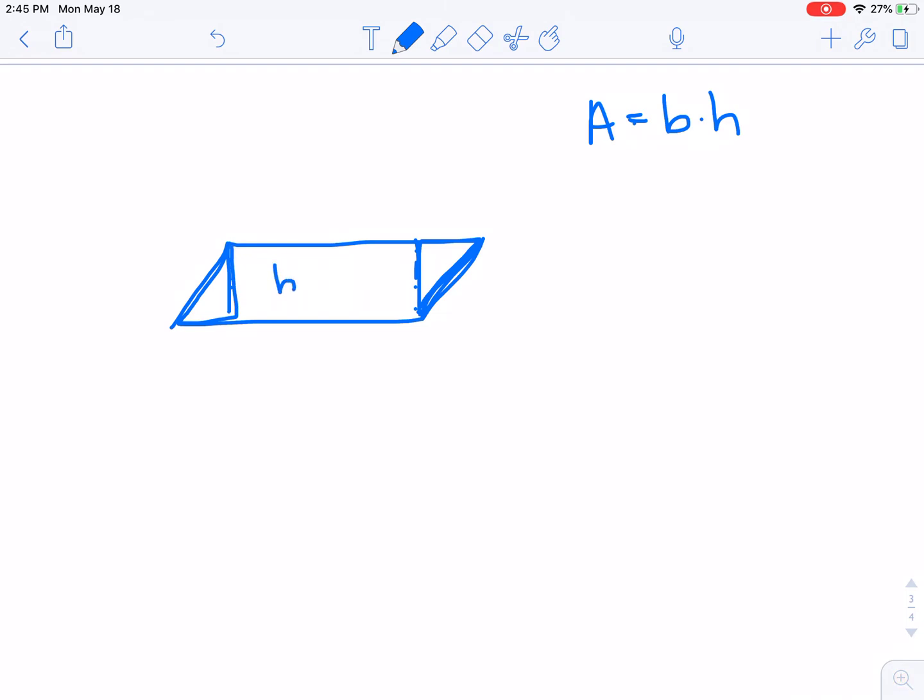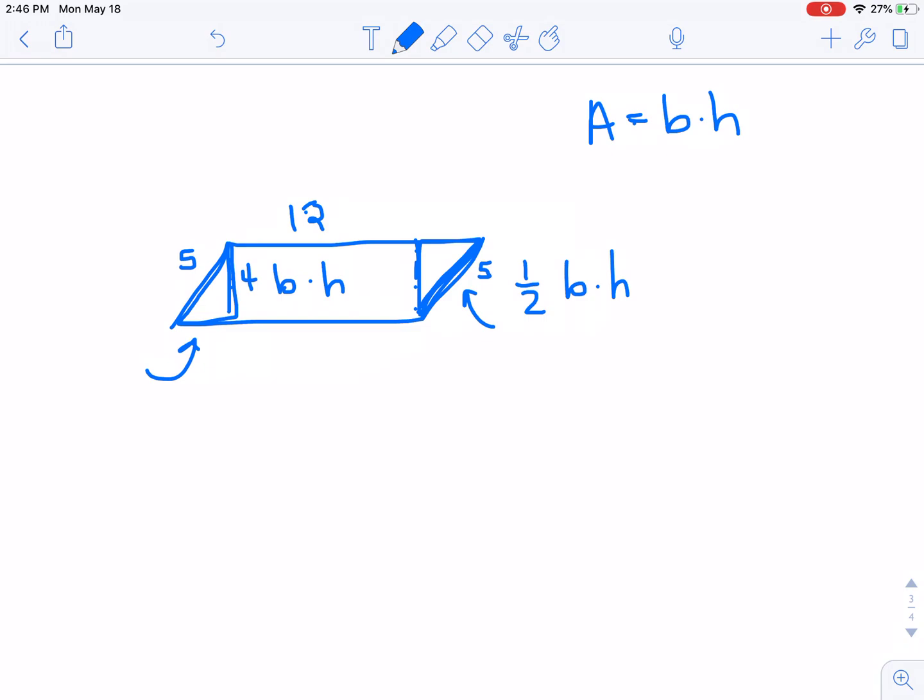So I'd use base times height right here, but for these guys, I'd have to do 1/2 the base times the height, all right? So let's say this was 12, and let's say the height right there is 4, and I'm gonna say this little guy is 5, okay? Which means this little guy over here is 5 and all the things.